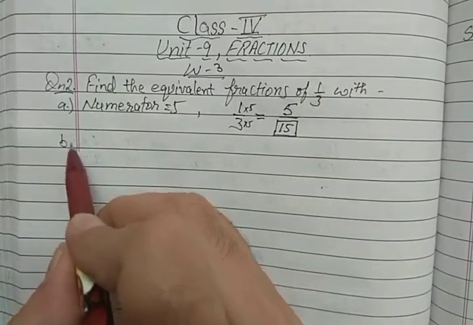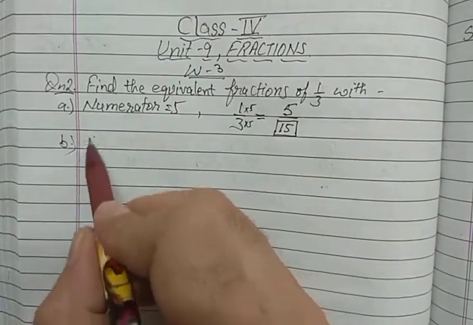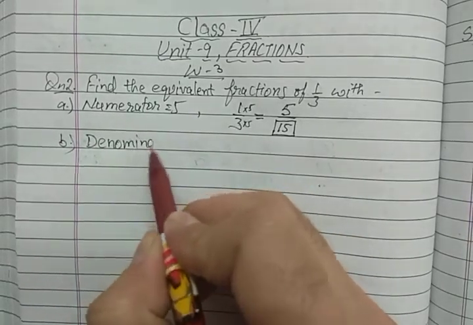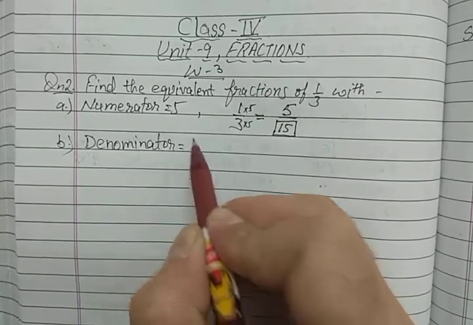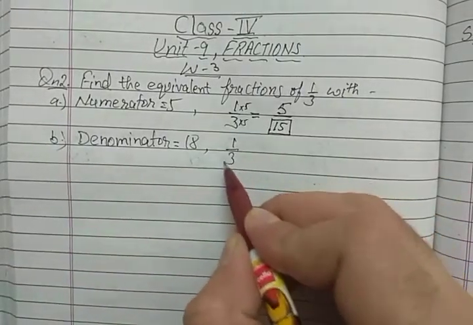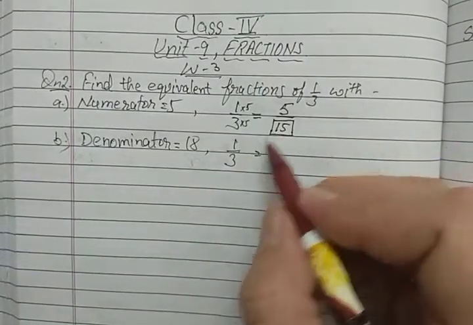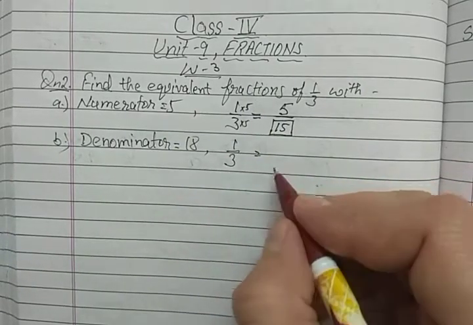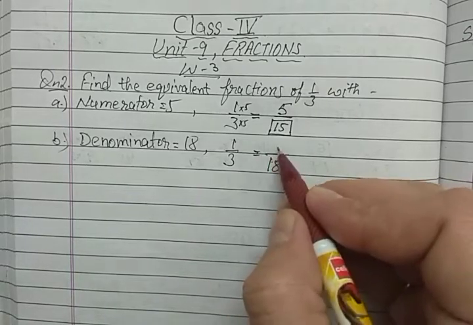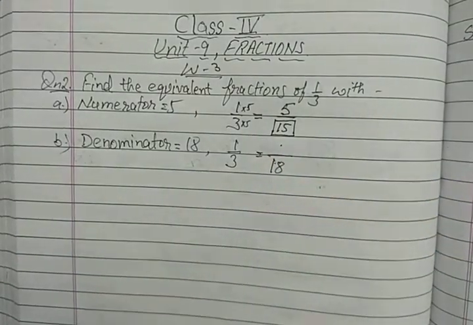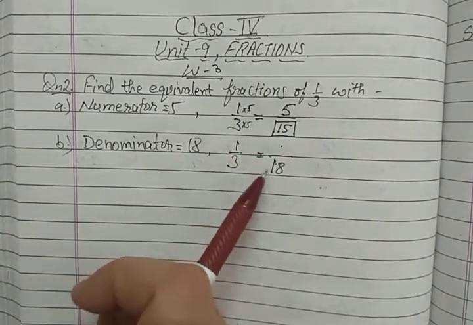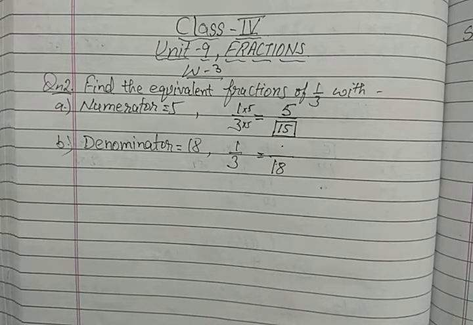B part. Here the denominator is given, that is, the denominator is 18. Now 1 upon 3 is the given fraction and we have to find the fraction in which the denominator is 18. 18 is the given denominator and we have to find the numerator. So here the denominator is given, so we have to recite the table of the denominator.